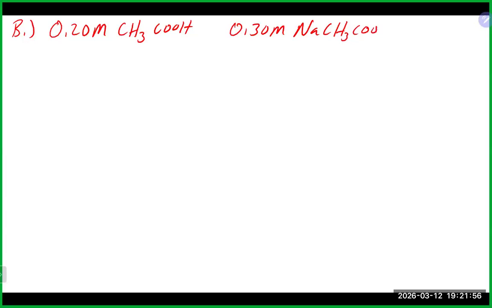So here in part B, we're going to take our 0.2 molar acetic acid, and we're going to dump in there with it 0.3 molar sodium acetate. We still have the same Ka value there, which is 1.8 times 10 to the minus 5, which again is the Ka value for our weak acid in this case.